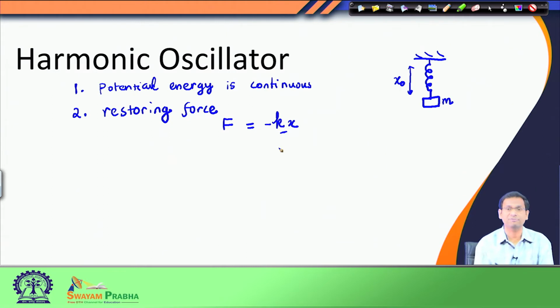Now, this restoring force makes this system a harmonic oscillator. How? Suppose you imagine that I pull this mass downwards and then I release it. You would see that the spring would first shrink, it will come back to its original position, and the moment it reaches its original or equilibrium position, the direction of the force will change, and then you will see that it will start shrinking further, and then again after some time it would come back to its original position, relax, stretch a bit, and it will continue this motion.